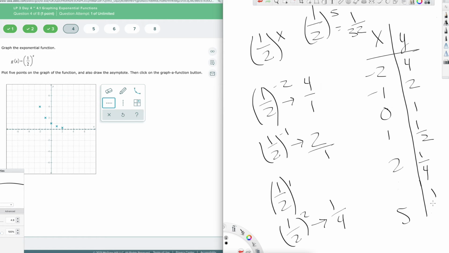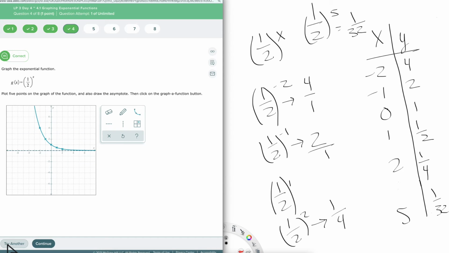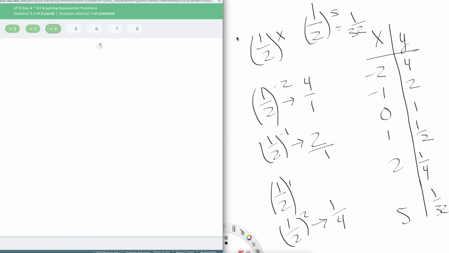So it would just keep getting smaller and smaller and smaller, but never actually get to that part there. So that's where we want it to be. So there we go. We had to place that line that it's approaching before I could actually graph this piece here. All right. Let's see.